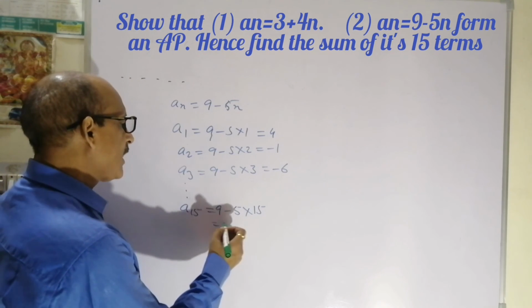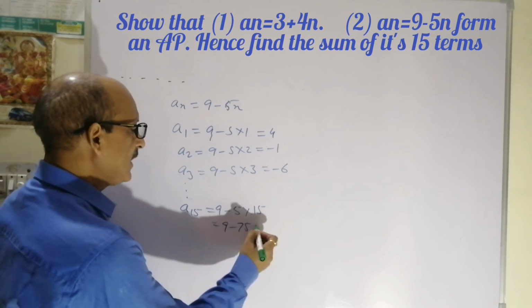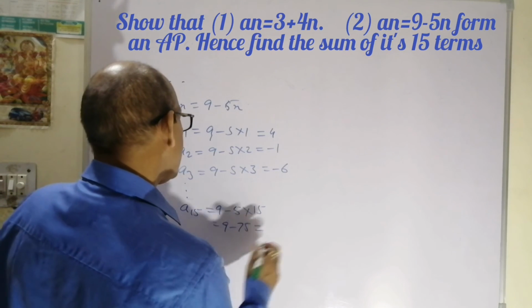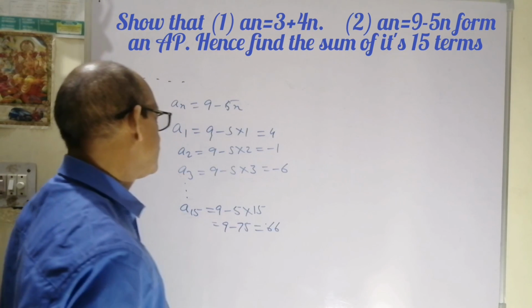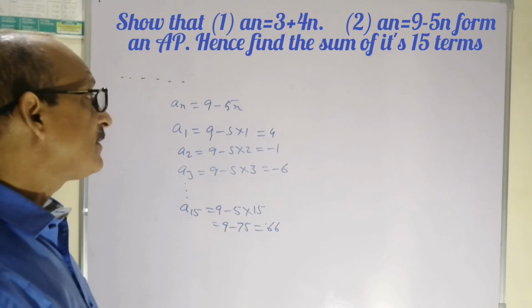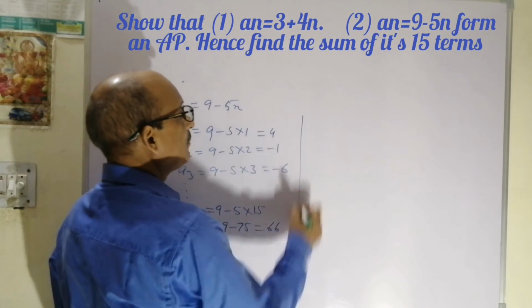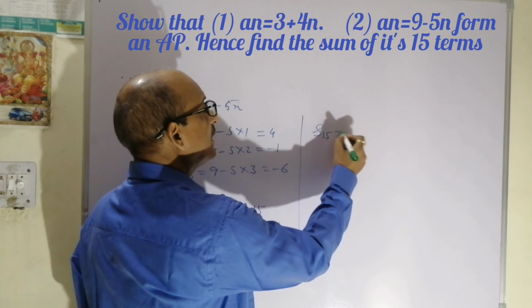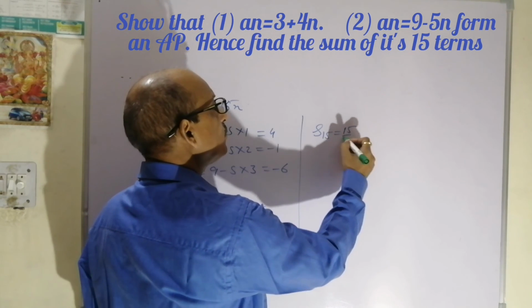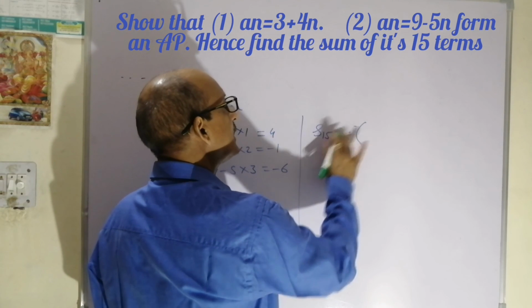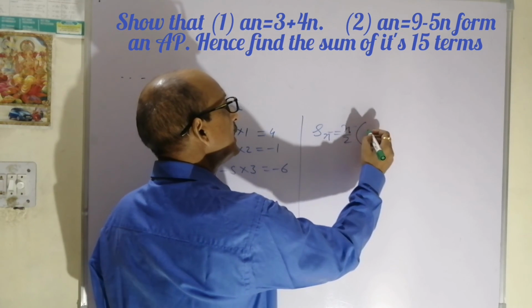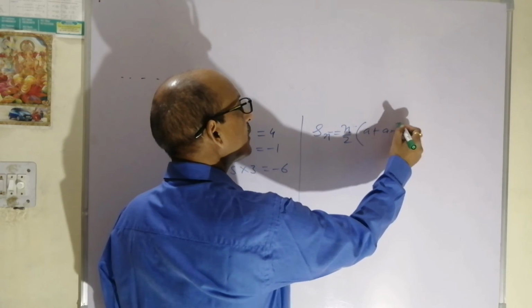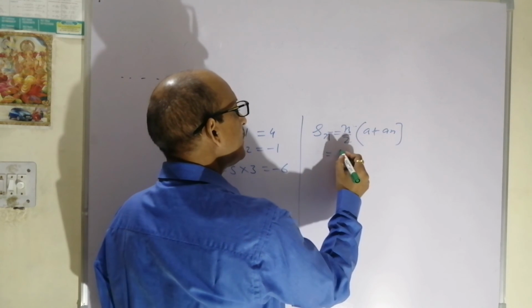So we'll have now 9 minus 75. What will we get? Minus 66. a15 is minus 66. Now S15: Sn is equal to n by 2 into a plus an, where n is 15.